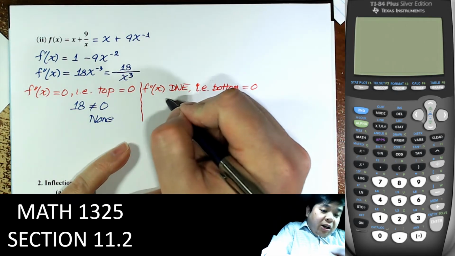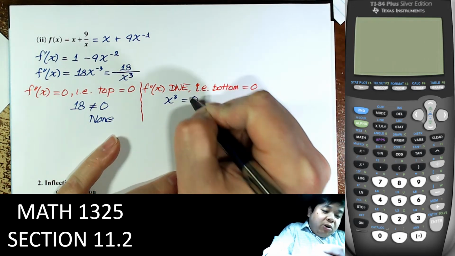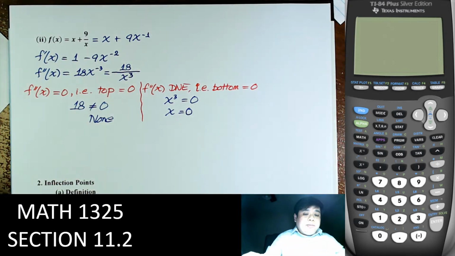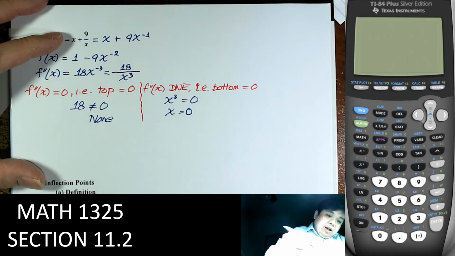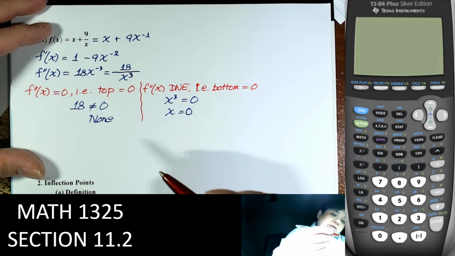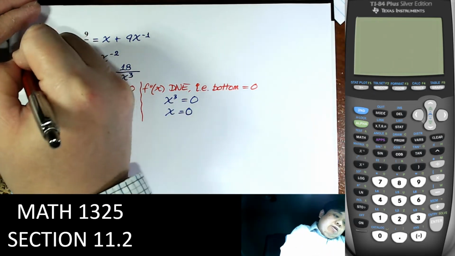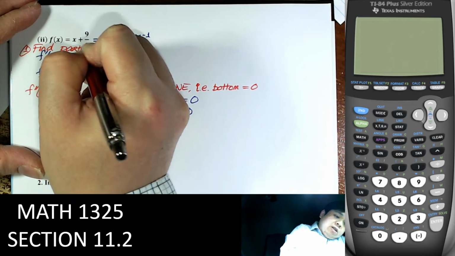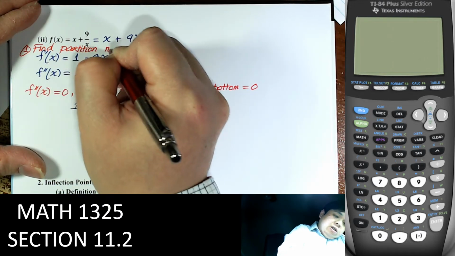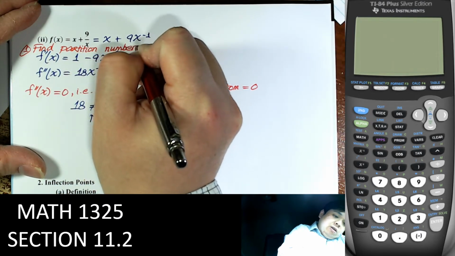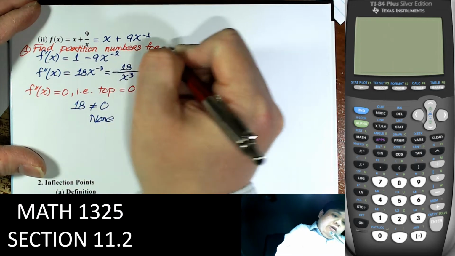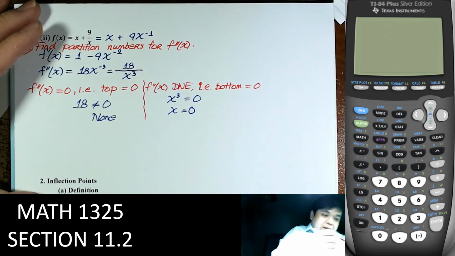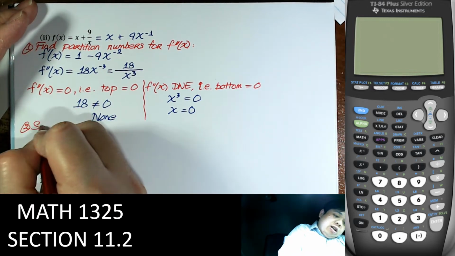On this side, x cubed, the bottom equal to 0, then x must be equal to 0, so we only have 1 point. Once again, those are the partition numbers for the second derivative. So the first step, find the partition number for the second derivative, and then we just go to the sign chart for the second derivative.